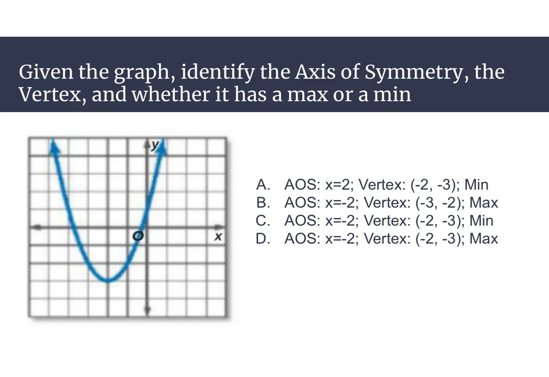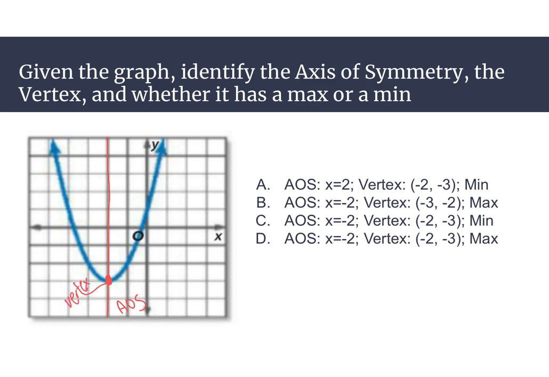So now you try. Given the graph below, which answer choice best identifies all of the characteristics? Okay, so based on my graph given, this must be my axis of symmetry, which means this is a vertex, whatever point that is.